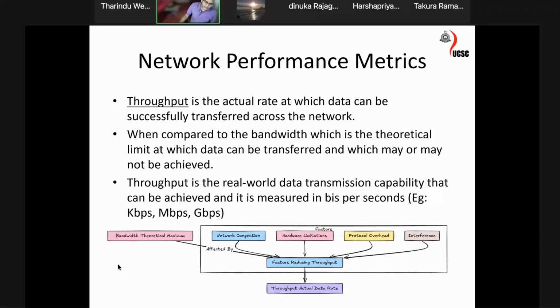The theoretical limit of the bandwidth can be affected in these scenarios: network congestion and hardware limitations. Let's say even though you have 10 gig, your switch has a hardware limitation, or you have multiple network devices between source and destination.